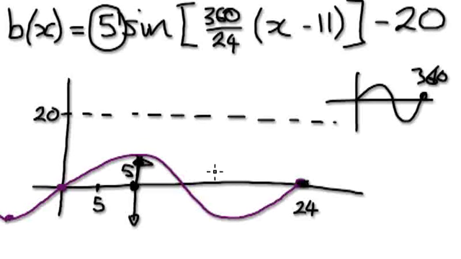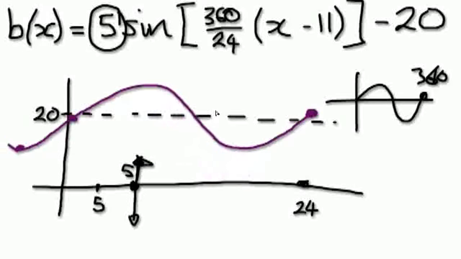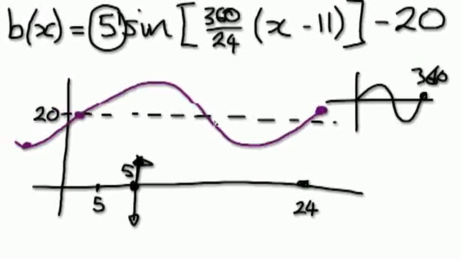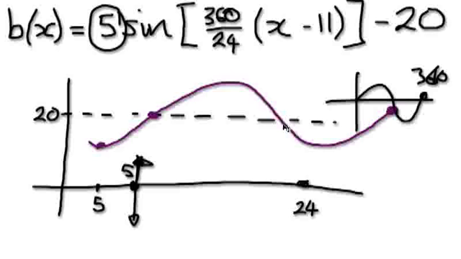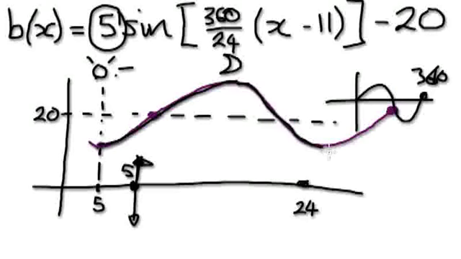And then we moved it across because we said that the sun rises at 5 in the morning, so that's when the temperature increases. And then here is night time, and then the temperature starts to decrease, and then the cycle starts again.